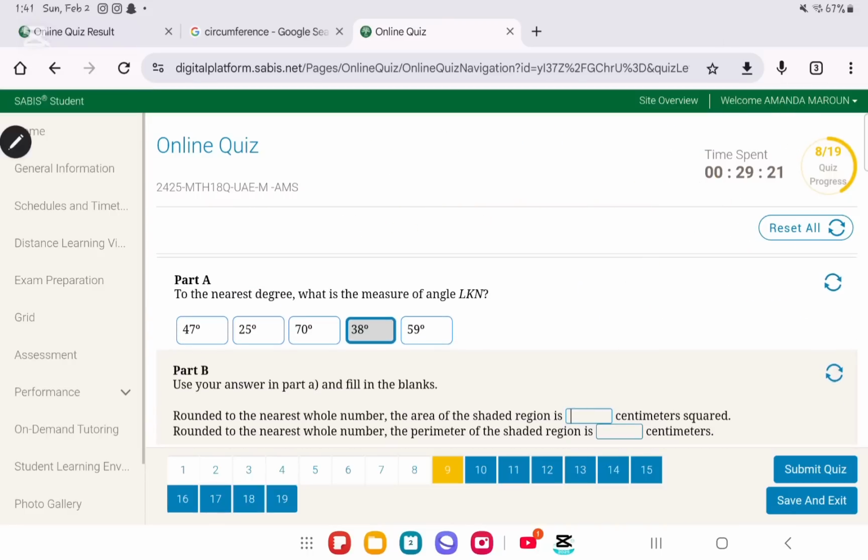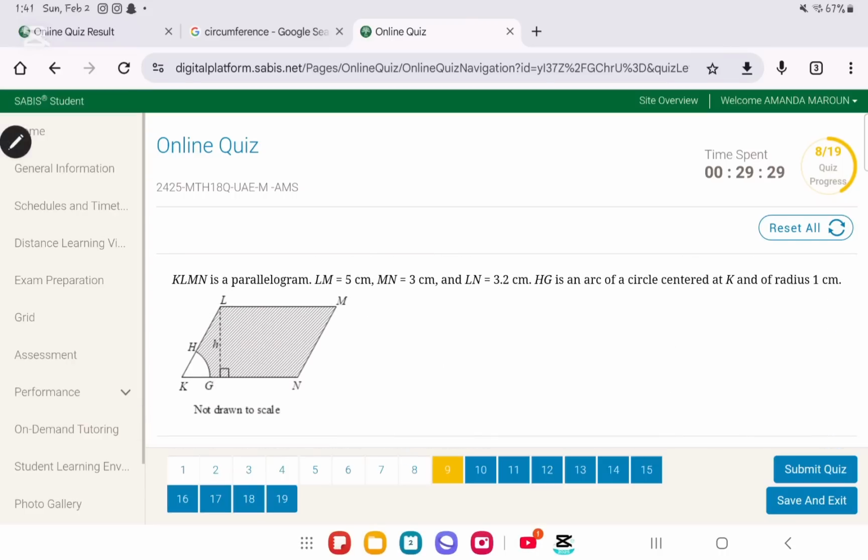Now, this step is really important because in the exam, if you don't do it, you might get a wrong answer. Now we need to find the perimeter of the shaded region. Very simply, we know the perimeter of this is 5 plus 3 plus 5 plus 3, which is 16.